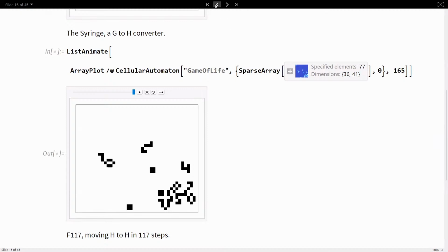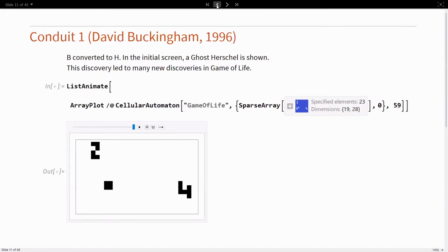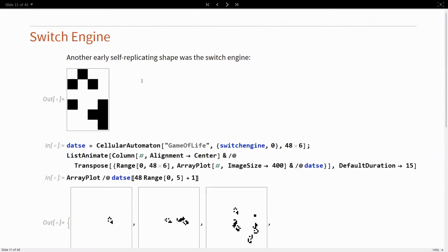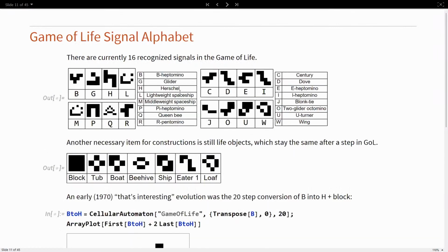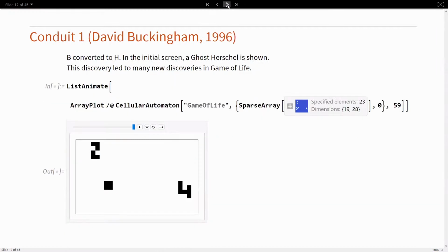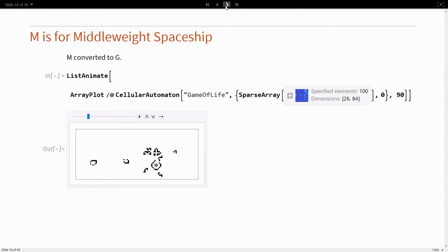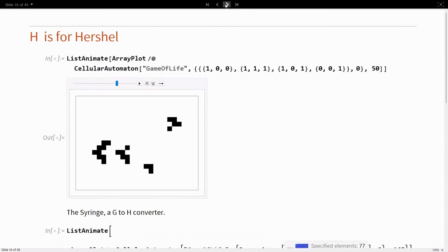One of the important things you need for any of these signal objects is that they have to be easy to create, and they have to be controllable, and they have to have movement. I mentioned the switch engine earlier. It's officially not a signal yet because it's a very dirty object.